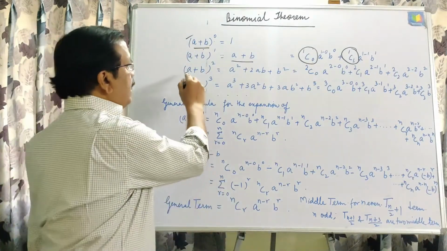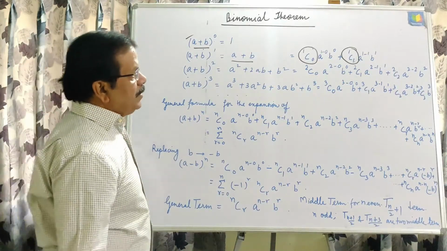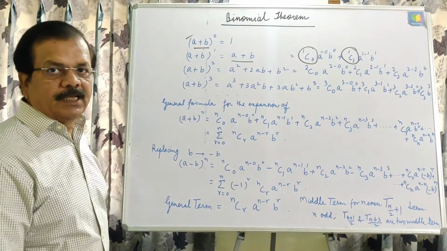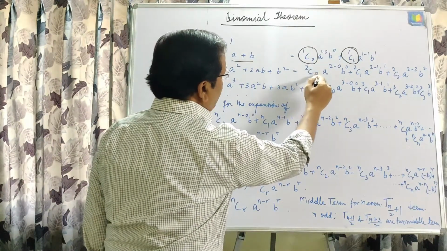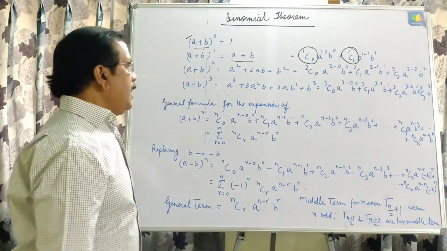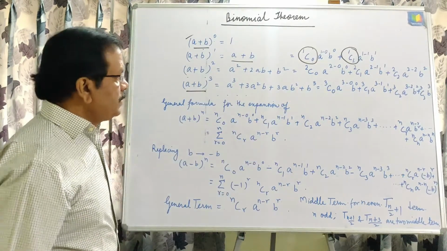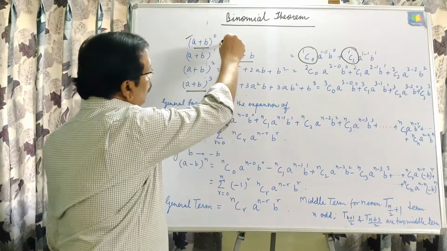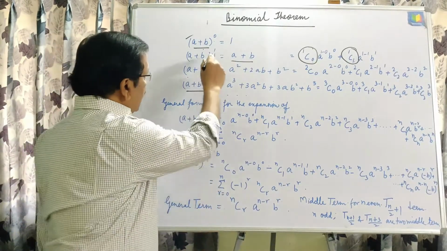In the same way, (a plus b) whole square, which is a square plus 2ab plus b square, can be rewritten as 2C0, because you already studied permutation and combination and you know the value of this. 2C0 is equal to 1, a to the power 2 minus 0 b to the power 0. In the same way other terms can be written, and similarly we can write (a plus b) whole cube in terms of binomial coefficients.